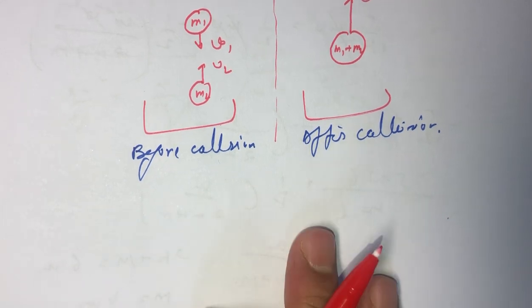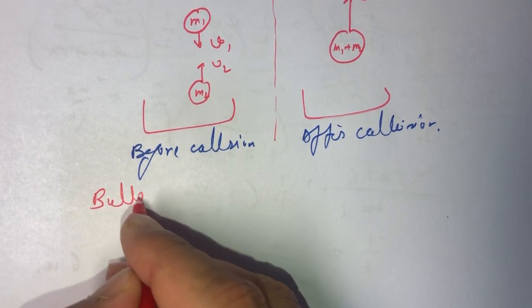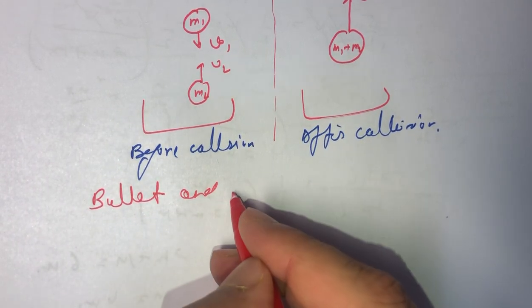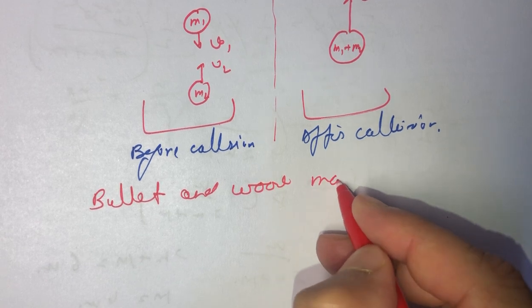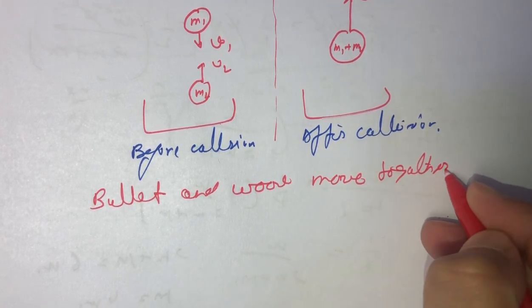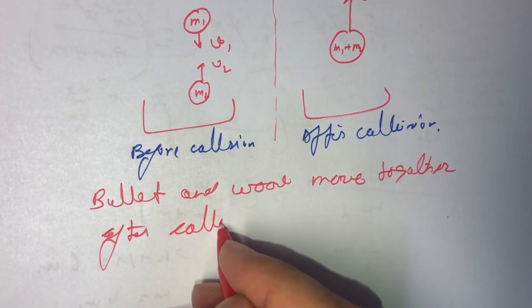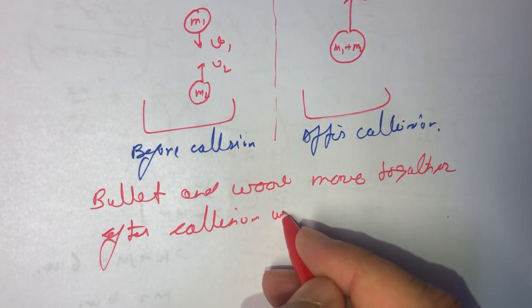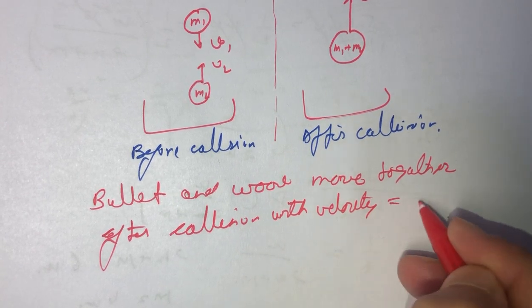And we said that bullet and wood move together after collision with velocity v.